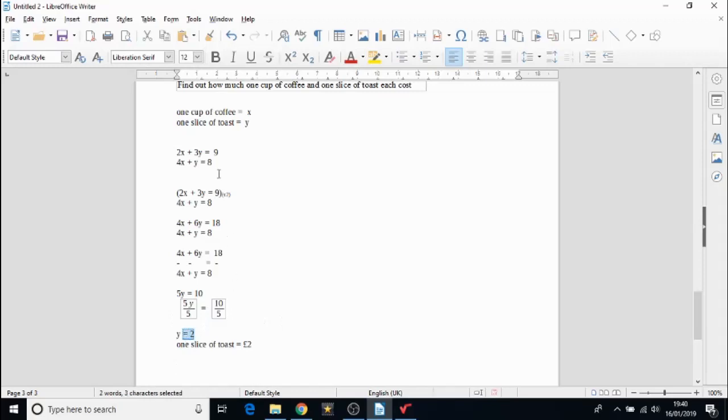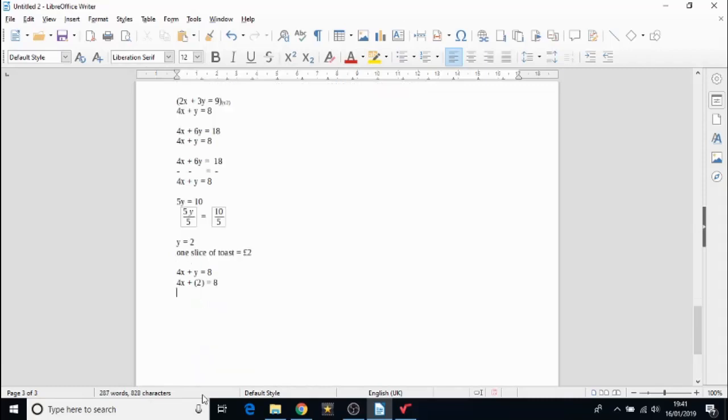So we can put it back into either of the original equations. Let's put it back into the second equation. 4x plus y is equal to 8. So 4x plus 2 is equal to 8.